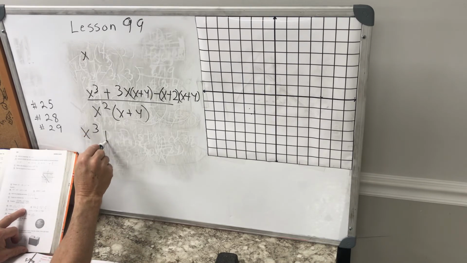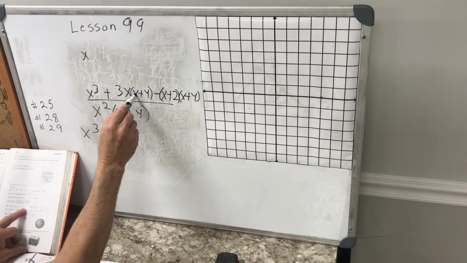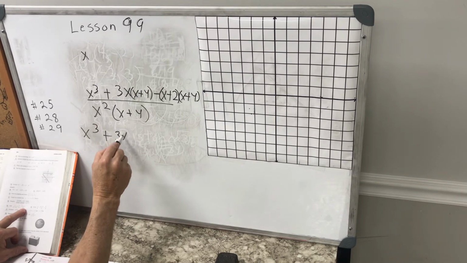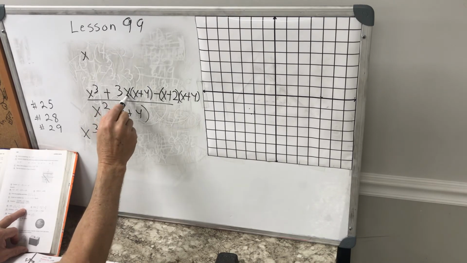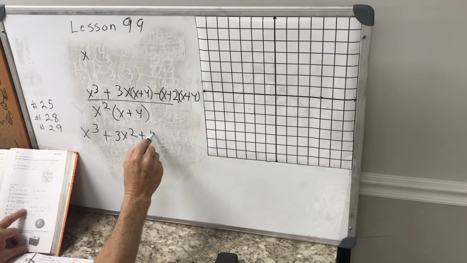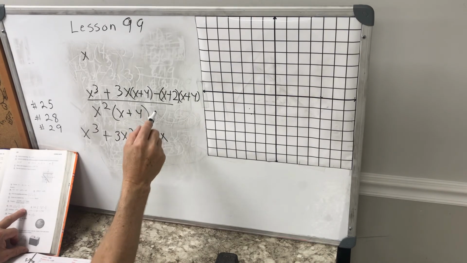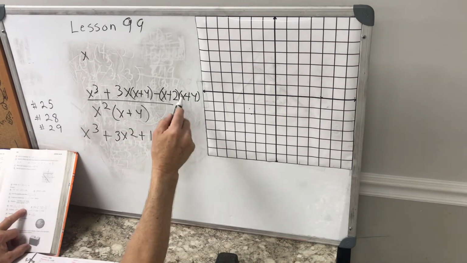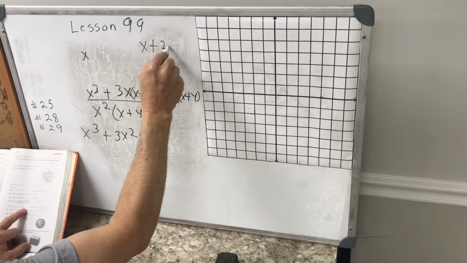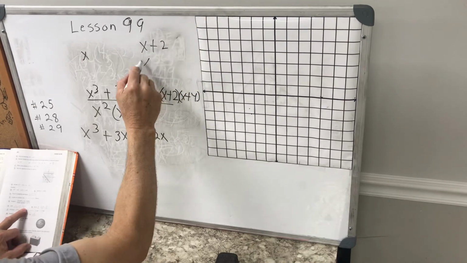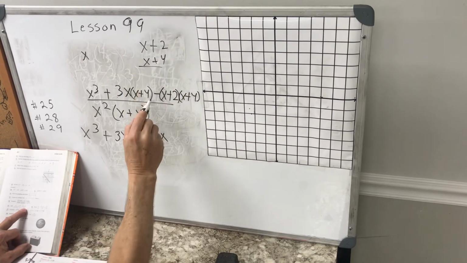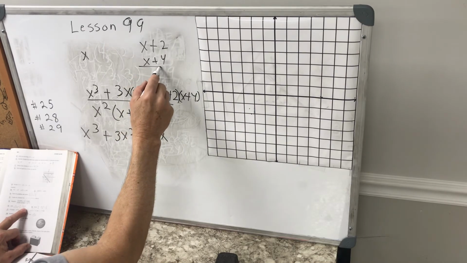Then we'll just redo this. x cubed plus 3x, distributive property is 3x squared. Again, this is positive 12x. And in this case, we'll have to do the multiplication here. x plus 2 times x plus 4. Don't forget this negative sign here when we get all through.